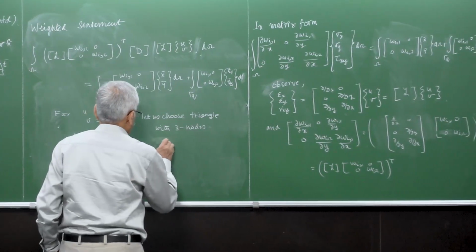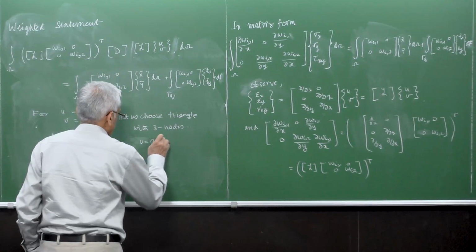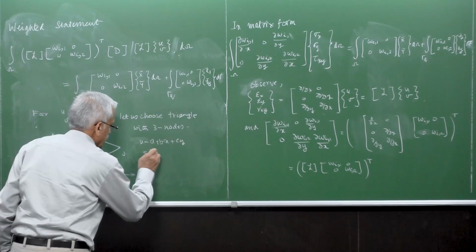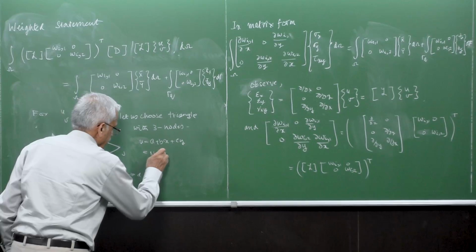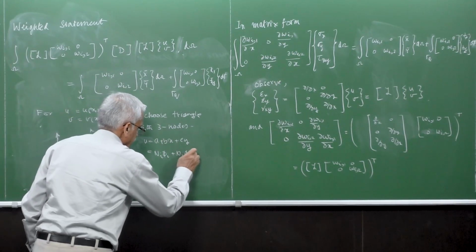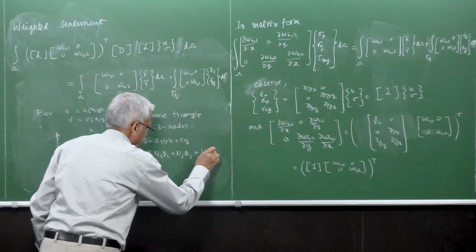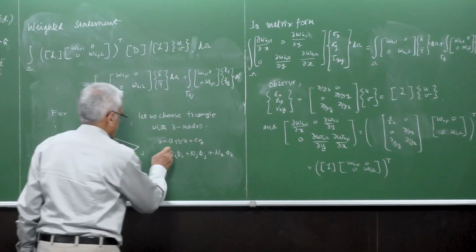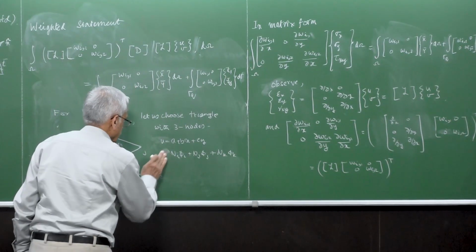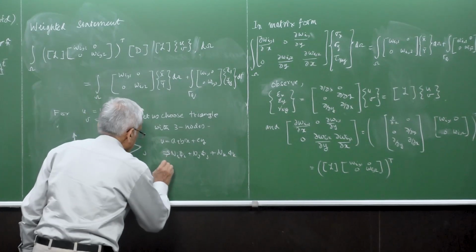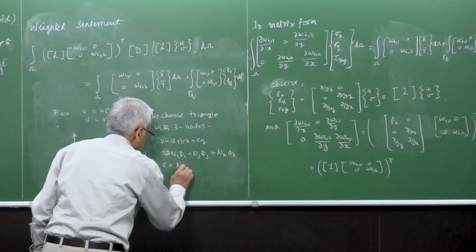this u, which is written as a plus bx plus cy, is also written as Ni ui plus Nj uj and Nk uk, right? So this is equivalently written like this. And so the same thing is true for v.